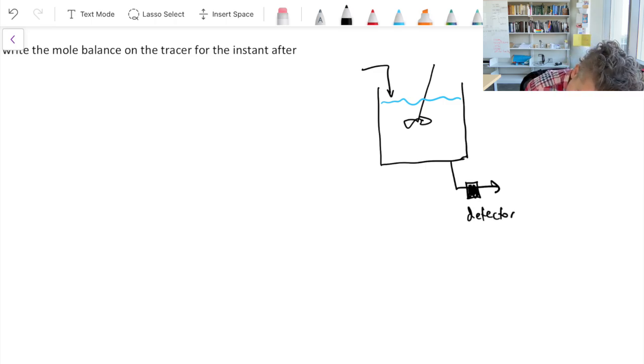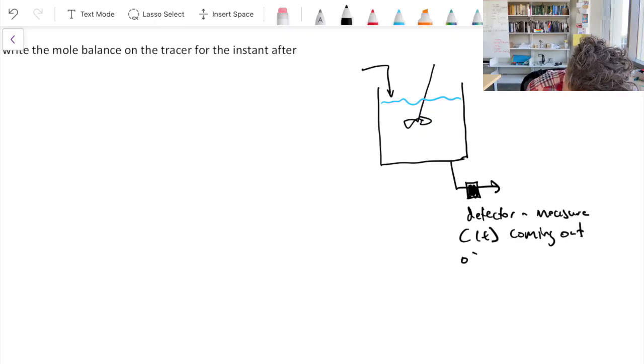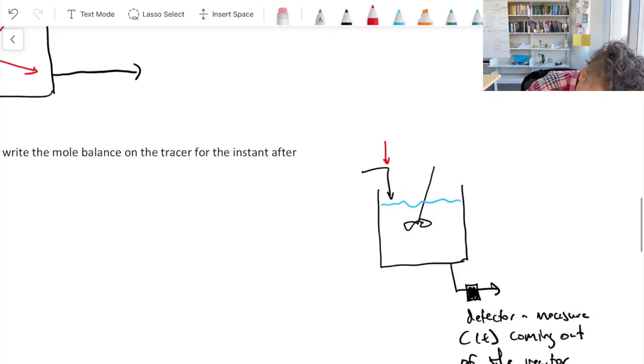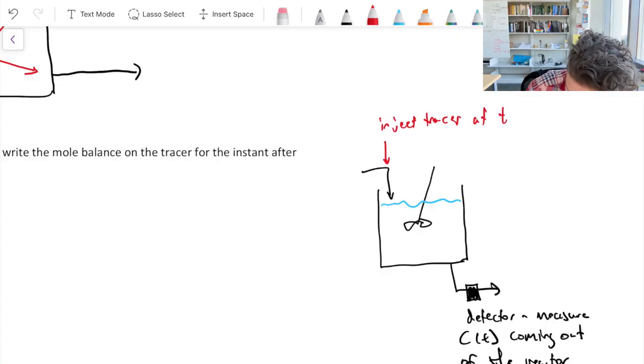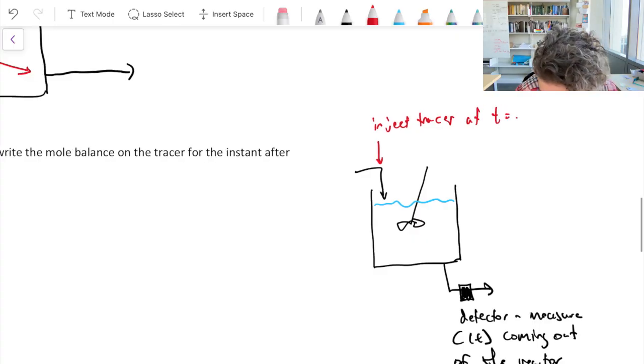I'm going to measure C of t of my tracer. I'm going to initially inject at t equals minus something very small, 0.0001 or something like this, just a very small number.